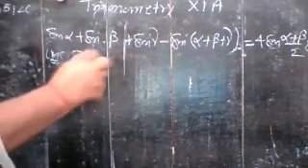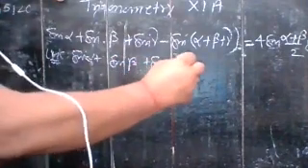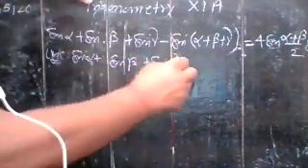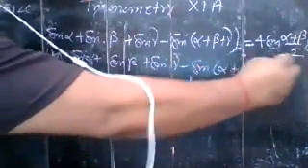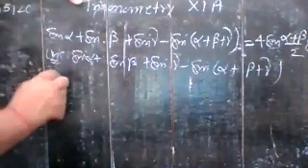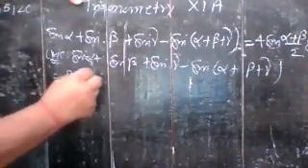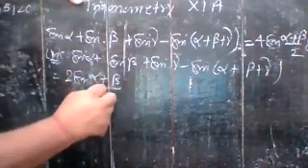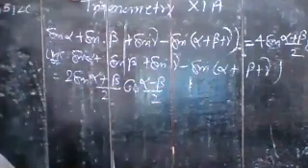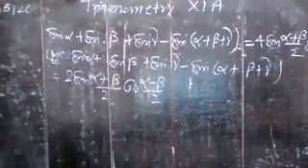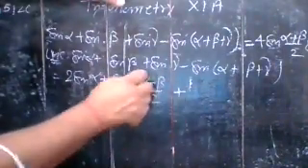sin alpha plus sin beta plus sin gamma and minus sin of (alpha plus beta plus gamma). So here you apply 2 sin (alpha plus beta) by 2 cos (alpha minus beta) by 2. And if you apply the identity to the last two terms, what is that?